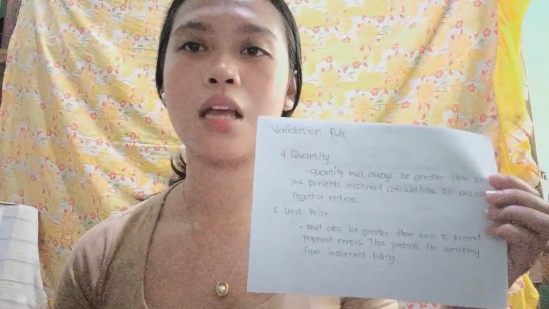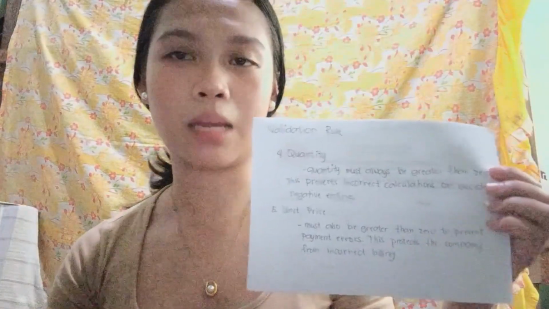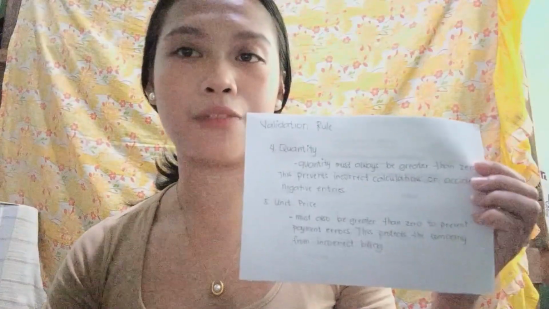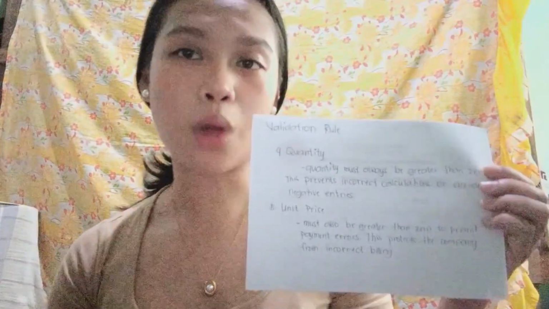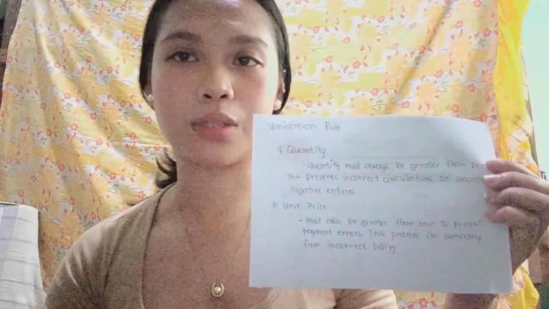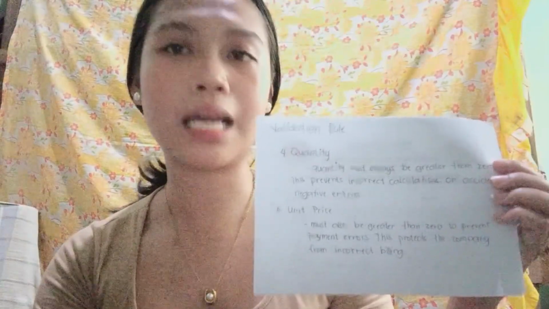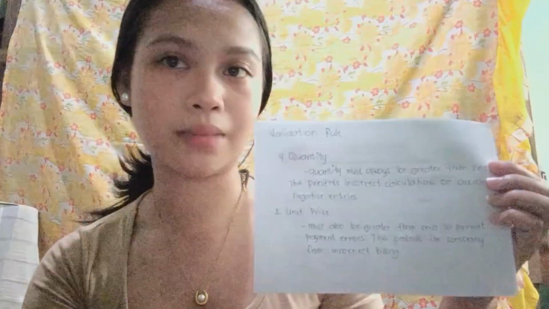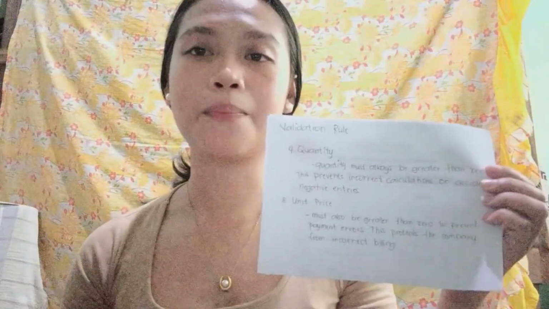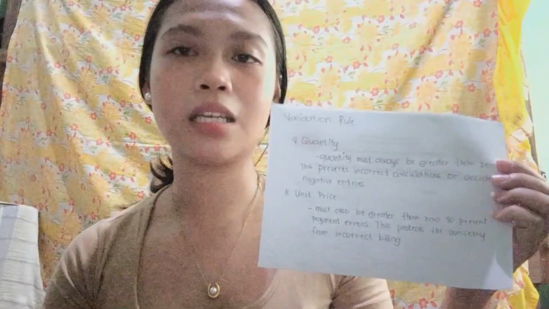Since invoices contain multiple line items, it is important to prevent blank, zero, or negative values because this can cause incorrect calculations and inaccurate totals. This validation helps maintain data accuracy and prevents billing errors.